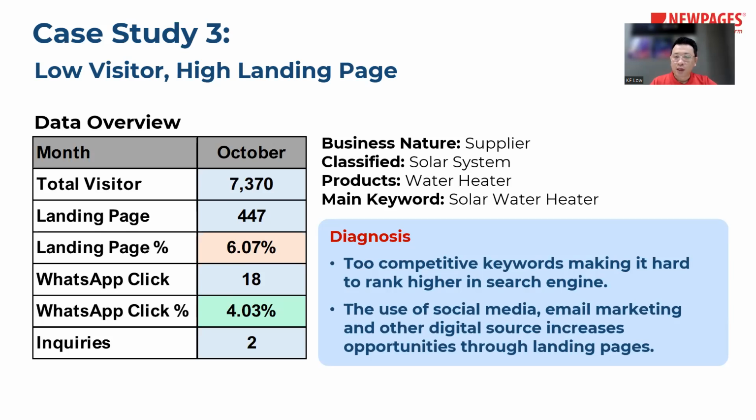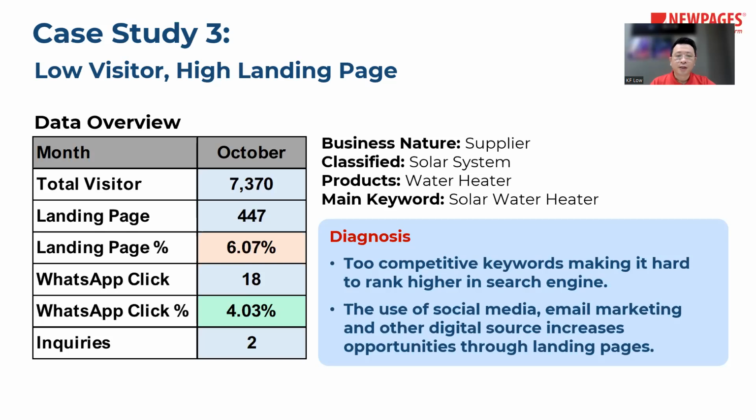So my suggestion to this company, you need to add more keywords, in order to be less competitive and easier to rank higher. But in this case, because you are using short tail keywords, it's too competitive and difficult to rank in search engines.